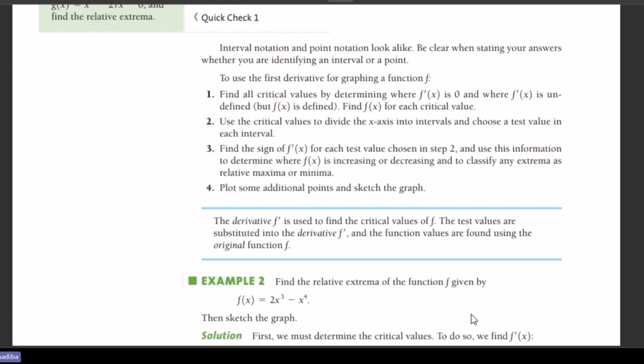What is wrong with the sketching, if I may ask? I don't know how I'm supposed to draw it. Obviously it mustn't be straight lines, right? Here is my question to you. Did you get the critical values? Yes, sir. From the critical values, did you get the intervals? Yes, sir.